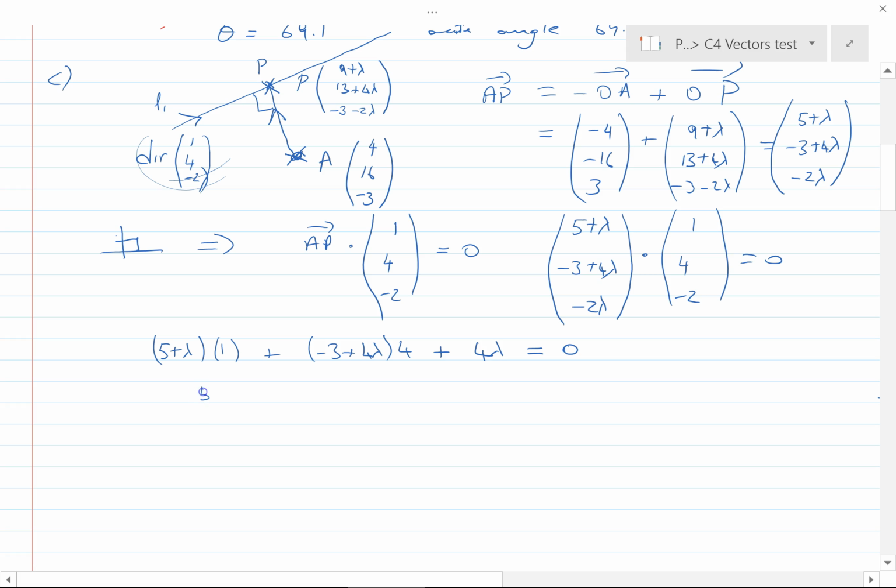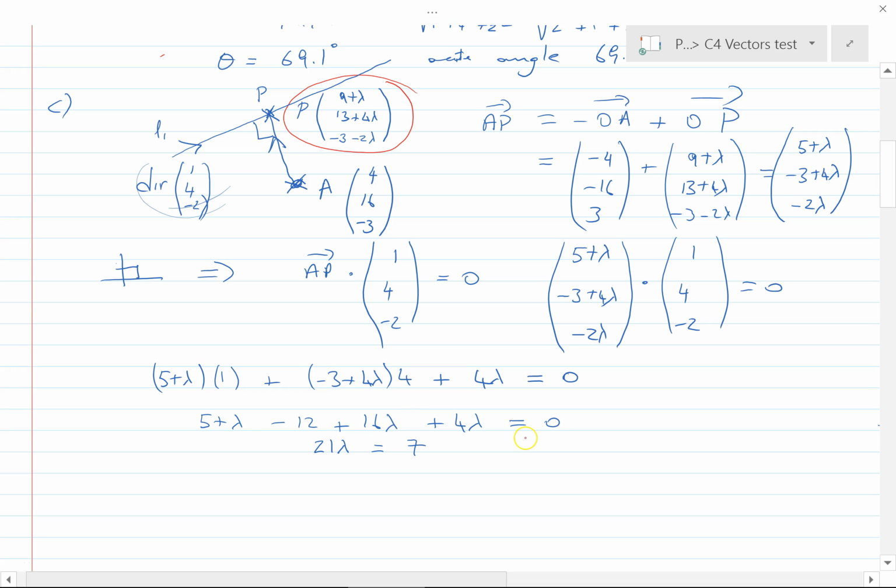Now we've done this, we've got 5 plus lambda minus 12 plus 16 lambda plus 4 lambda equals 0. That gives me 21 lambda equals 7. So lambda equals 1/3.